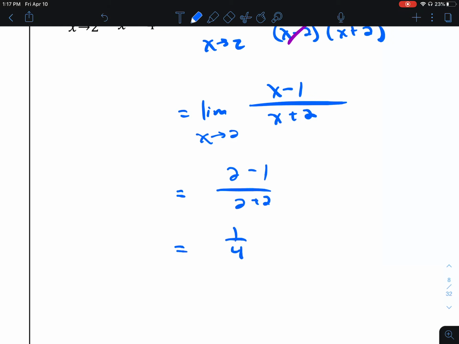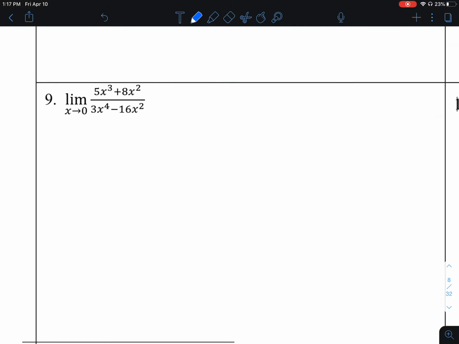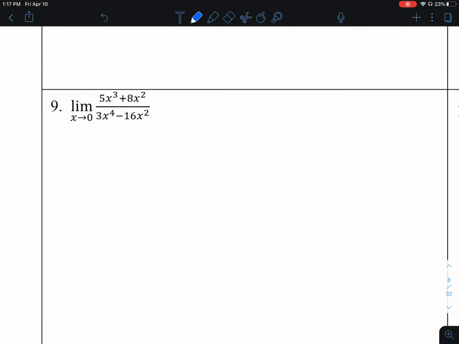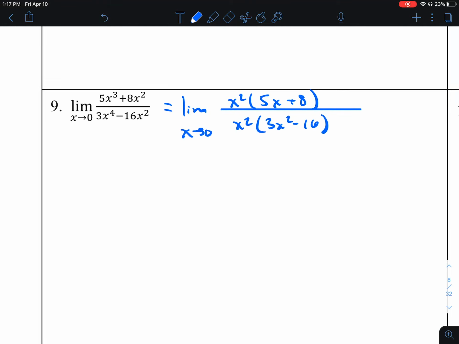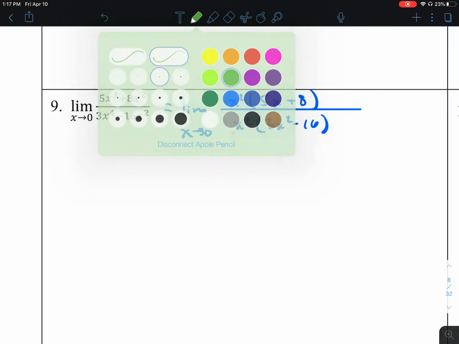Number 9. Direct substitution is going to give 0 on our denominator, so let's see if we can factor. And if we simply factor out the GCF of the top and the bottom, wonderful things are going to happen. The x squareds are going to cancel from the top and the bottom.